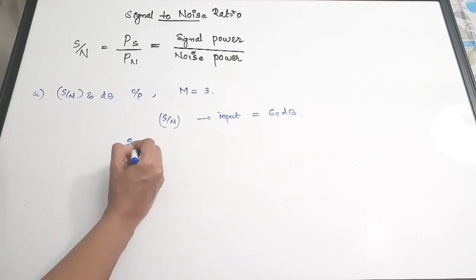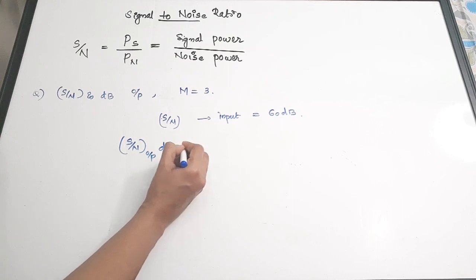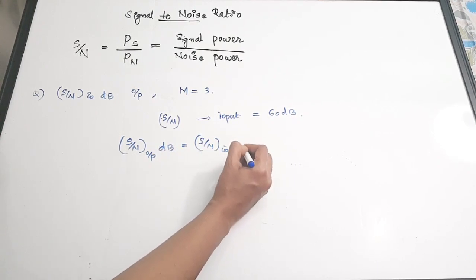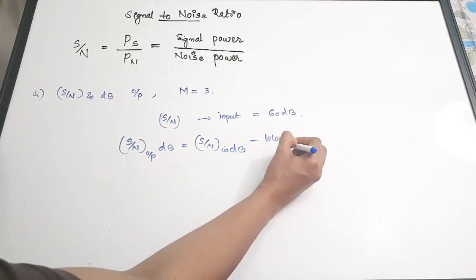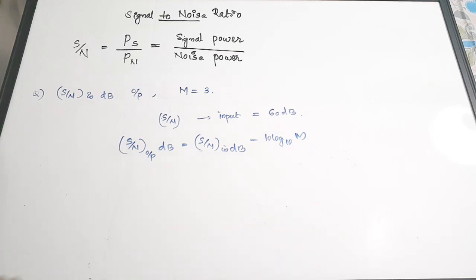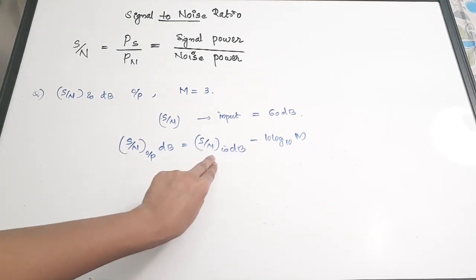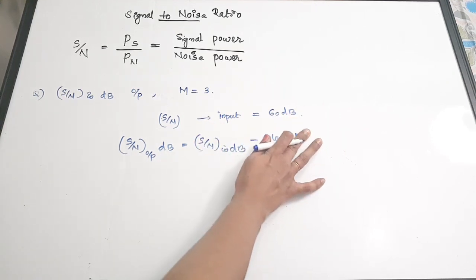So we can write the equation: S by N output in dB is equal to S by N input in dB minus 10 log 10 M. Okay, so this is the equation. Here we need to find the S by N output. S by N input in dB is given, which is 60, and also the M value is given, which is 3.